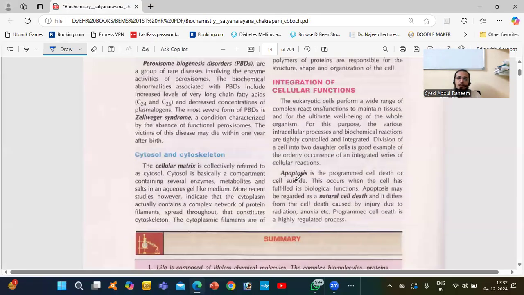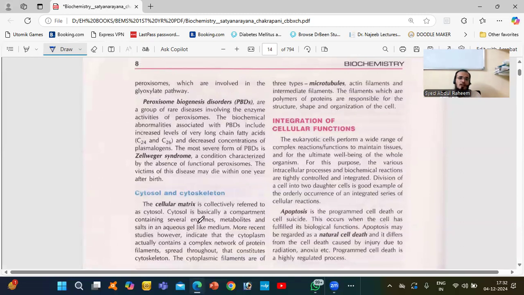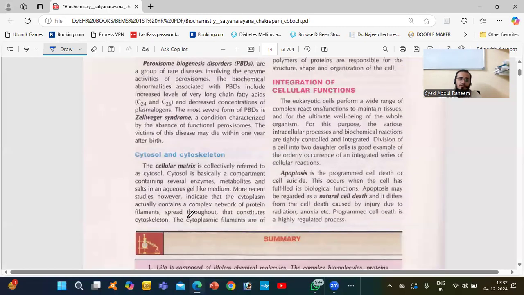Next we have cytosol and cytoskeleton. The cytosol and cytoskeleton function is very important. They maintain the structure of the cell at the compartment level, like pillars. Okay, they are pillars.